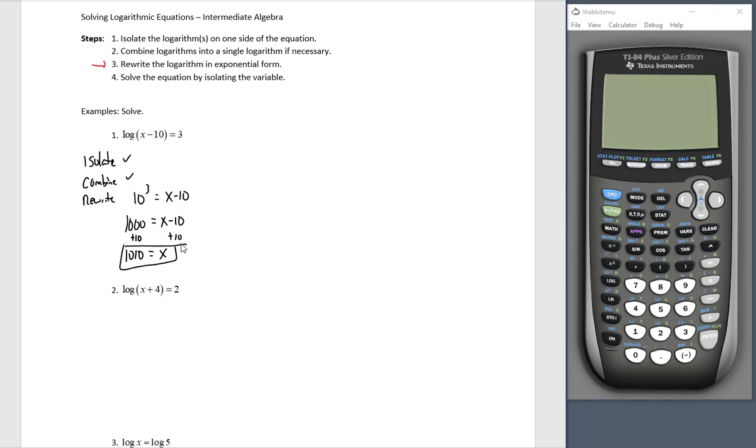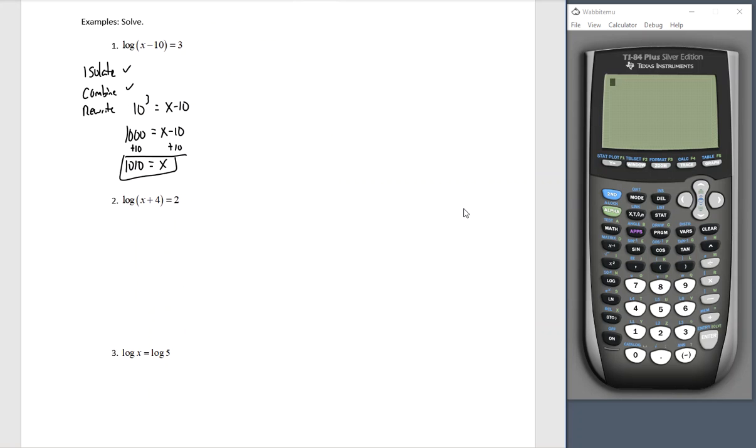That's it. It could be that easy. And if it is that easy for you, run with it. That's awesome. So it's already isolated. It's already combined into a single logarithm. The base is 10. If it's unwritten, it's assumed to be 10.